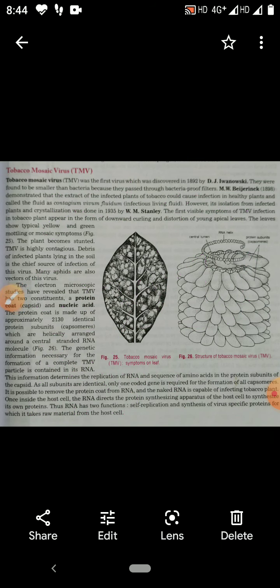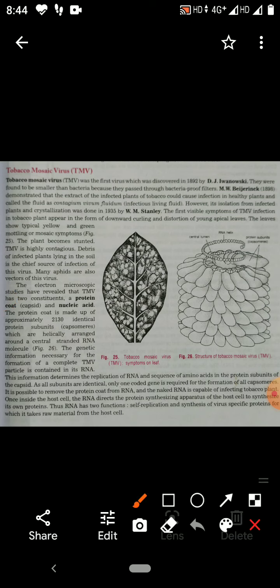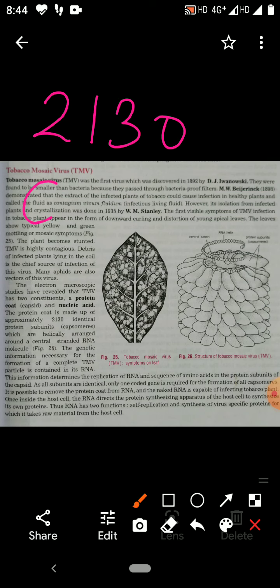As for the proteins, there are near about 2,130 identical protein subunits. These identical protein subunits are known as capsomers.